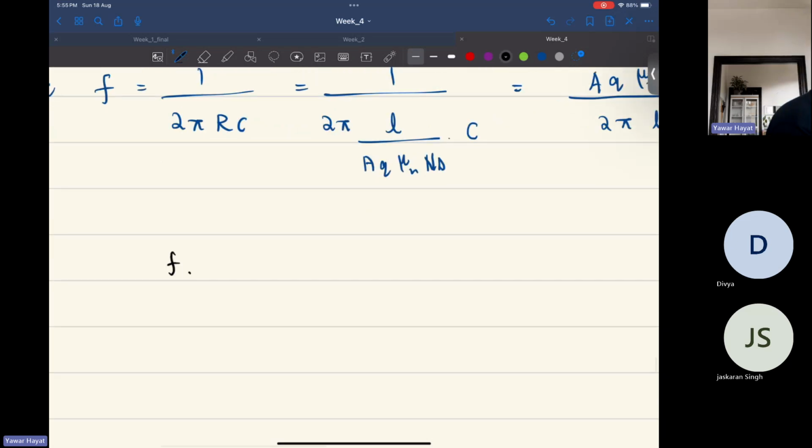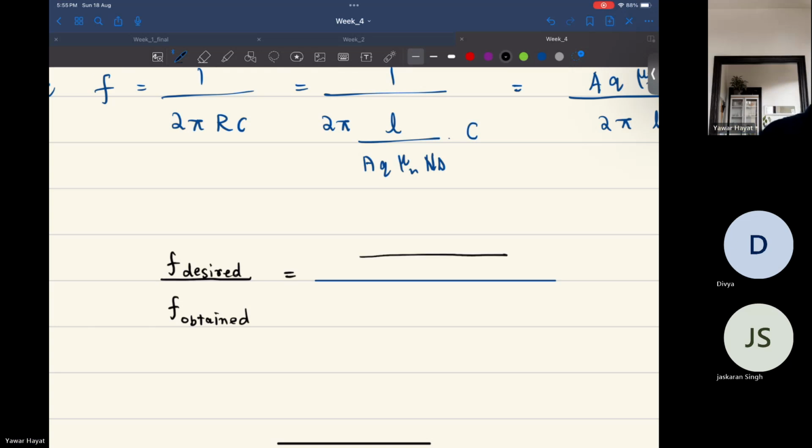If you take the ratio F desired whole divided by F obtained, that ratio is equal to A Q mu n ND, obviously this ND is the desired one, and here is 2 pi LC.